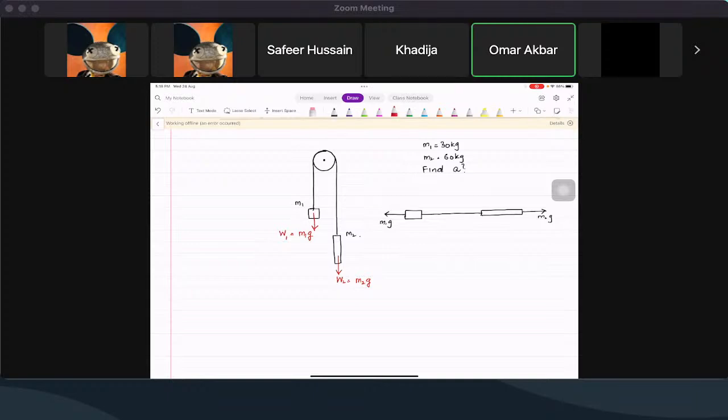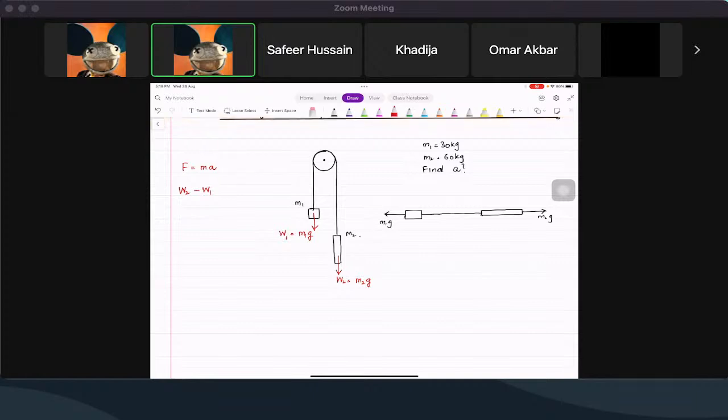So now the equation is going to be F equals ma, W2 minus W1, because they are over the pulley, they are opposite in direction. The masses would be m1 plus m2. You add the masses, you find the acceleration. So this is going to be 60 times 9.81 minus 30 times 9.81 equals 60 plus 30 times a.